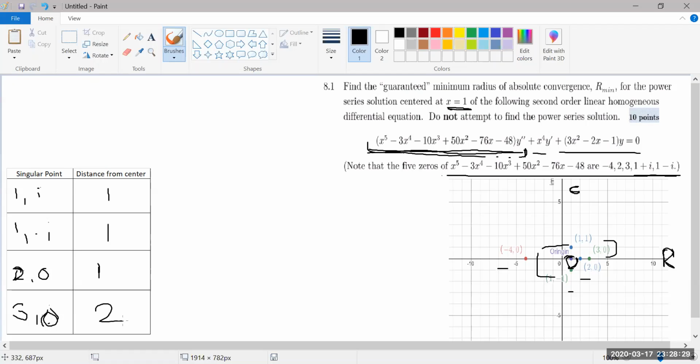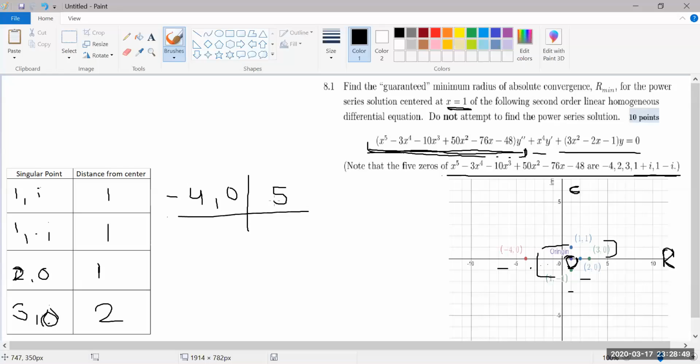Okay, and then lastly, we have our (-4, 0). And then the distance between the -4 and then your origin at x equals 1: 1, 2, 3, 4, 5. We get 5.